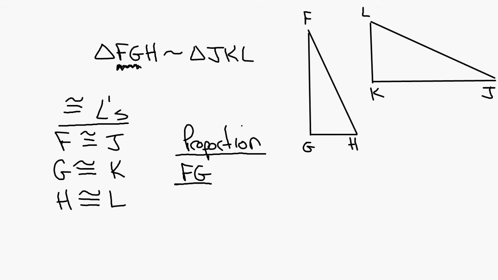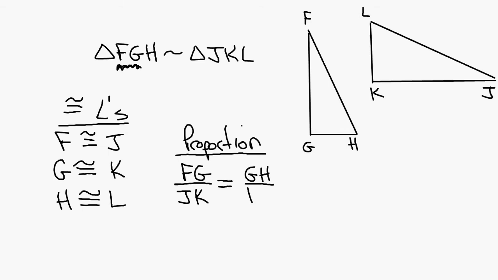We use the first two letters, so we put it over JK. And that has to be equal to, since we used the first and second letter in the first ratio, let's use the second and third letter in the second ratio. So GH goes over, what's our denominator for GH? KL, good.